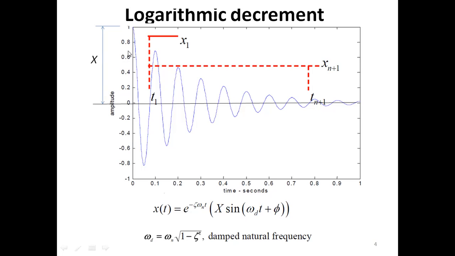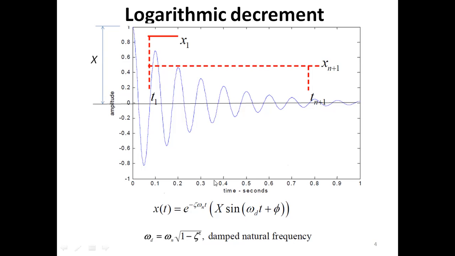When time is equal to 0, what is the displacement? It is denoted by capital X. Omega d is the damped natural frequency of the system. And in the last lecture, we came up with the equation that omega d, the damped natural frequency of the system, is equal to omega n, the undamped natural frequency of the system, times the square root of 1 minus zeta square, where zeta is the damping ratio, t is the time, and phi is the phase angle or initial phase.